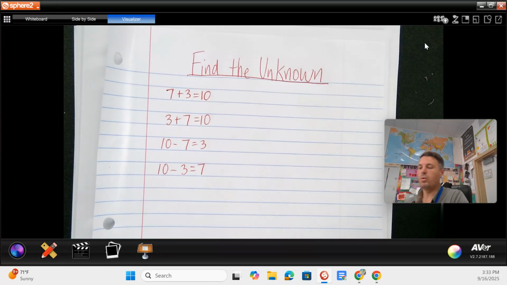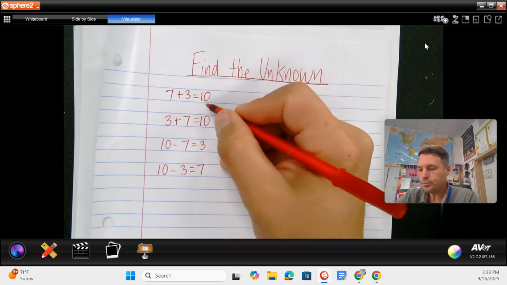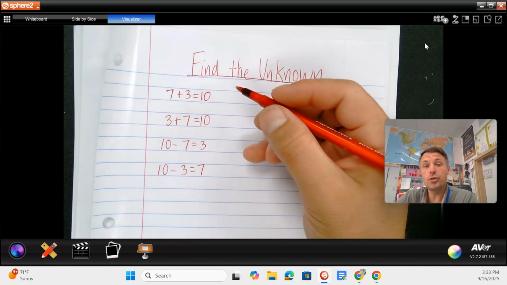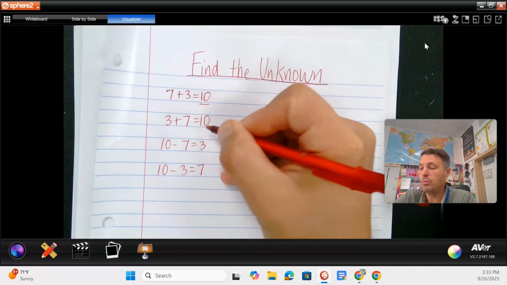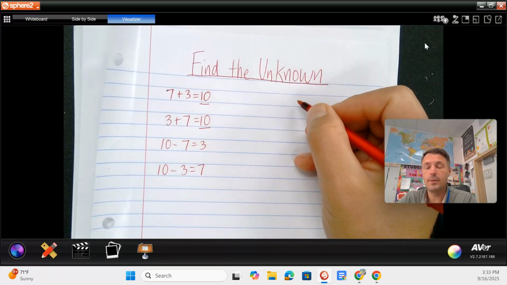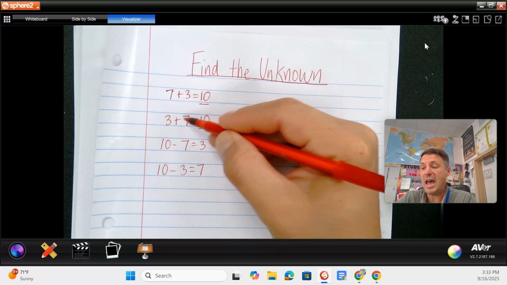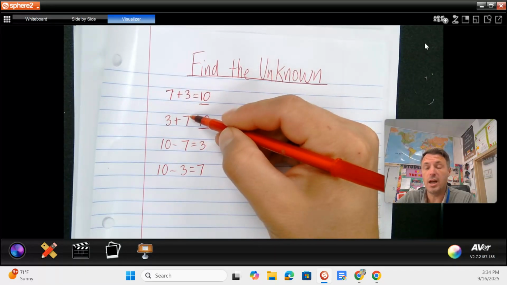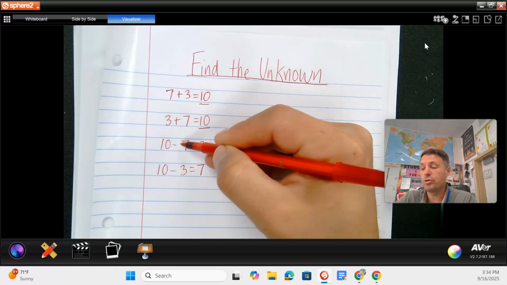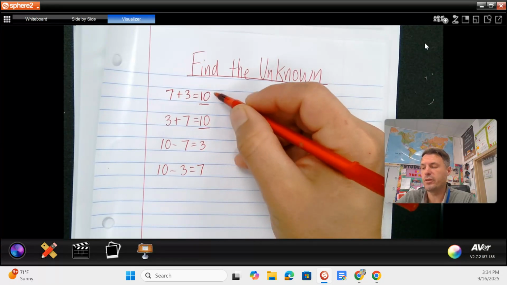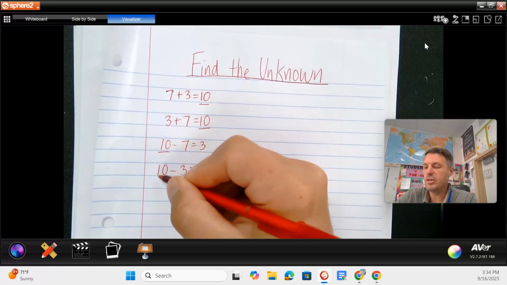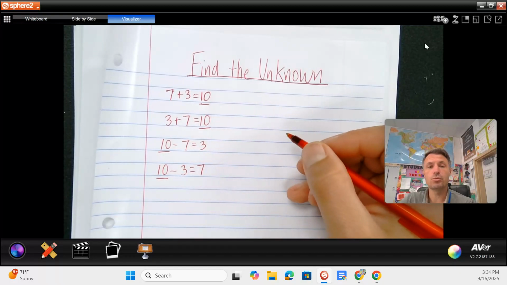Okay, so what I want you to see is that when you're doing fact families, the answer to both addition problems stays in the same spot. And the 2 addends flip-flop. But then when you switch to subtraction, whatever the sum is becomes the minuend for both of the subtraction problems.